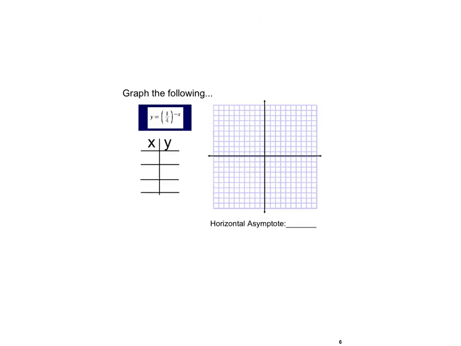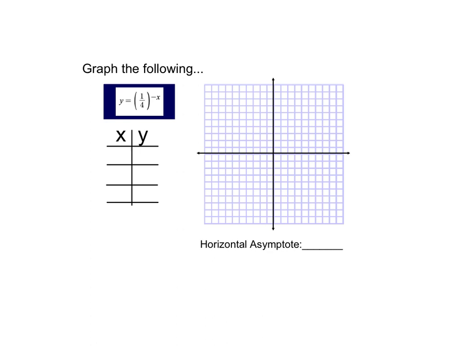Okay, continuing on. 1/4 to the negative x, so now the negative is applied directly to the x again, so we can expect a horizontal reflection here. I might have said translation on the last slide. These are reflections. Again, so if I had the original graph, which I'll do in red again, would be 1/4 to the x, so 1/4 to the 0 is 1, 1/4 to the 1 is 1/4, 1/4 to the negative 1 is 4, and so on.